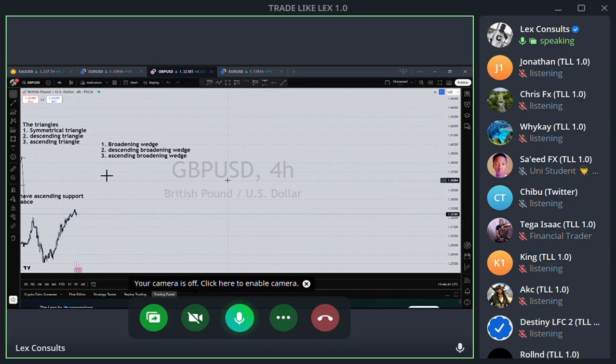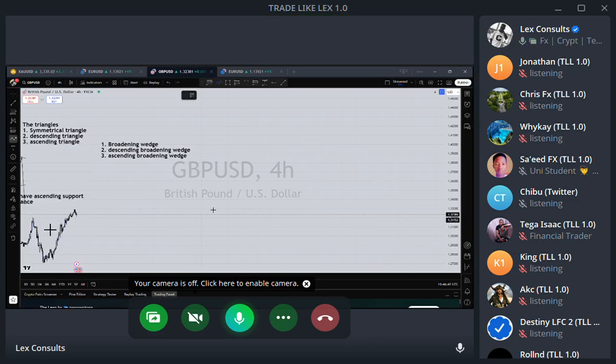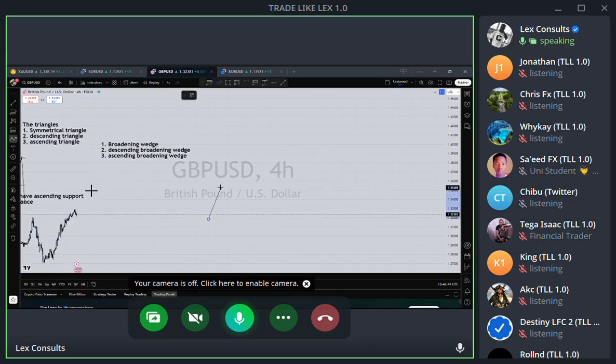Normally, a Bodney wedge without it being ascending or descending is like this. So this is the idea. As it consolidates, it expands. Alright. As price consolidates, it expands. That's why it is called Bodney.